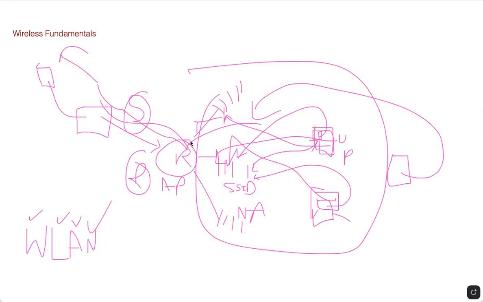So how does this access point send the signals? Let's see the access point working criteria. Okay, how does it work? Let's say you have a router, which is also acting as the access point. There will be an antenna in the router. So this will be the antenna.